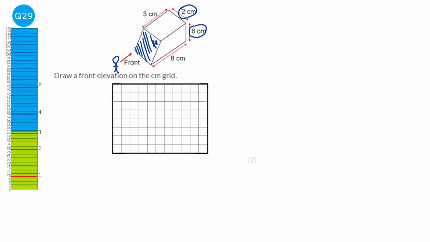So we're just going to draw a rectangle that is 2 centimetres wide and 1, 2, 3, 4, 5, 6 centimetres tall. There we go. And make sure that you don't add any three-dimensional aspects to it, like this, with some 3D stuff on it. No. Whenever you do a front elevation, it's exactly, perfectly two-dimensional.